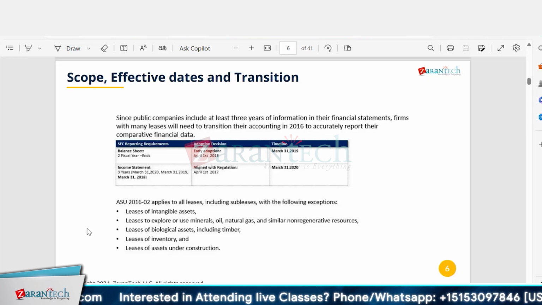So rather than implementing the REFX module, they would calculate this amount outside SAP and post manual entries for them, so that they have an impact in their financial statements as well, and simultaneously they are also able to save the cost. That is also one of the things. Okay.